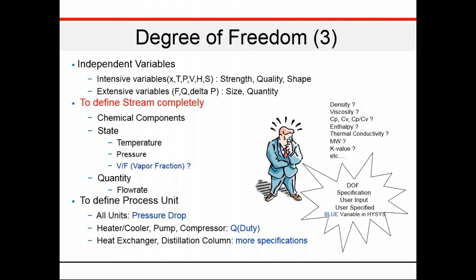Enthalpy is like a state of calmness or equilibrium, but entropy is the state of randomness. In intensive variables, we look at three areas: the strength, the quality, and the shape of the stream that we're looking at.